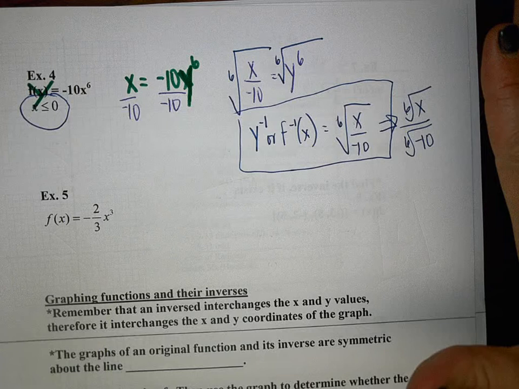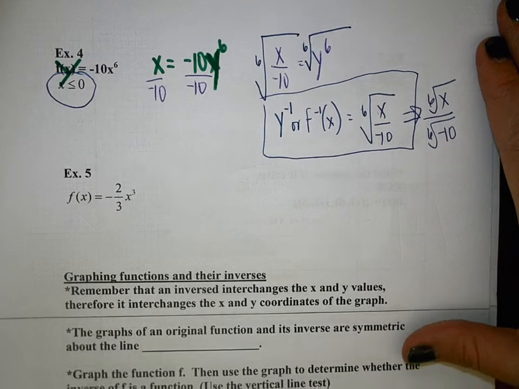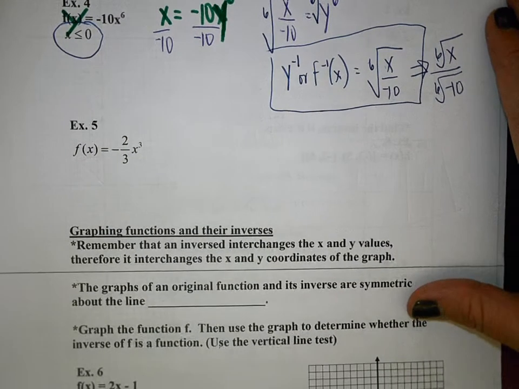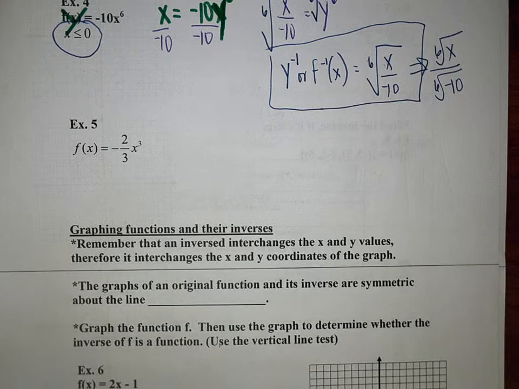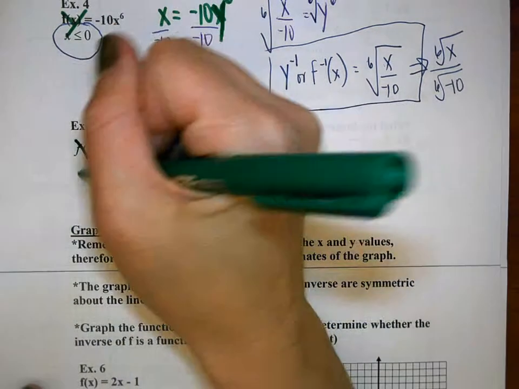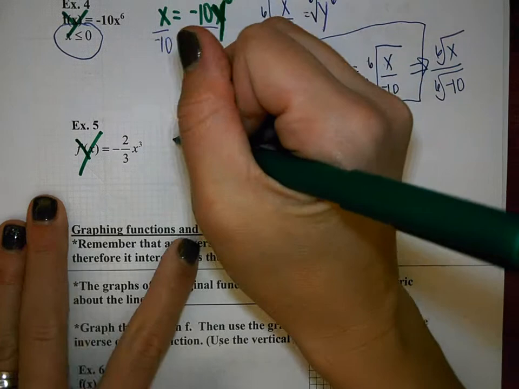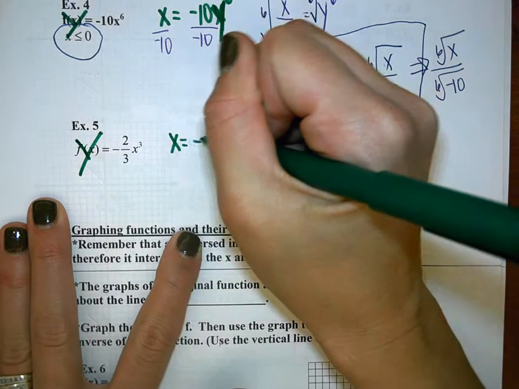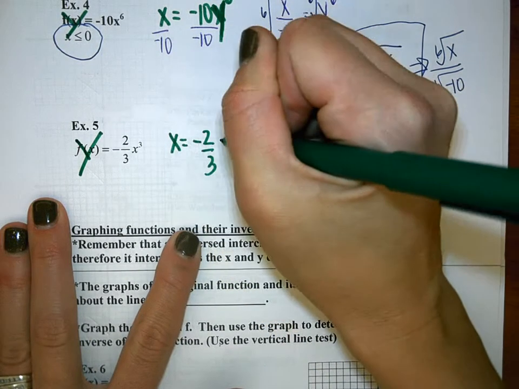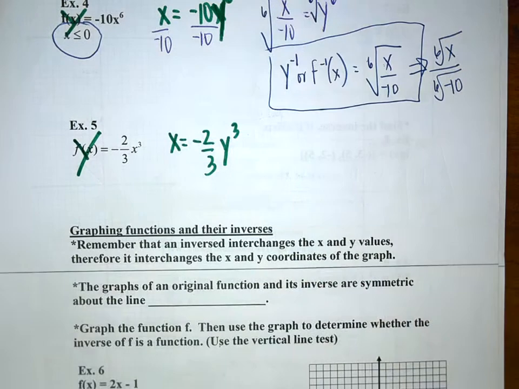Okay, so example 5 is similar. So again, I'm going to write this as y, and we're going to exchange our x and y to make our new equation. x equals negative 2/3 y to the 3rd power.